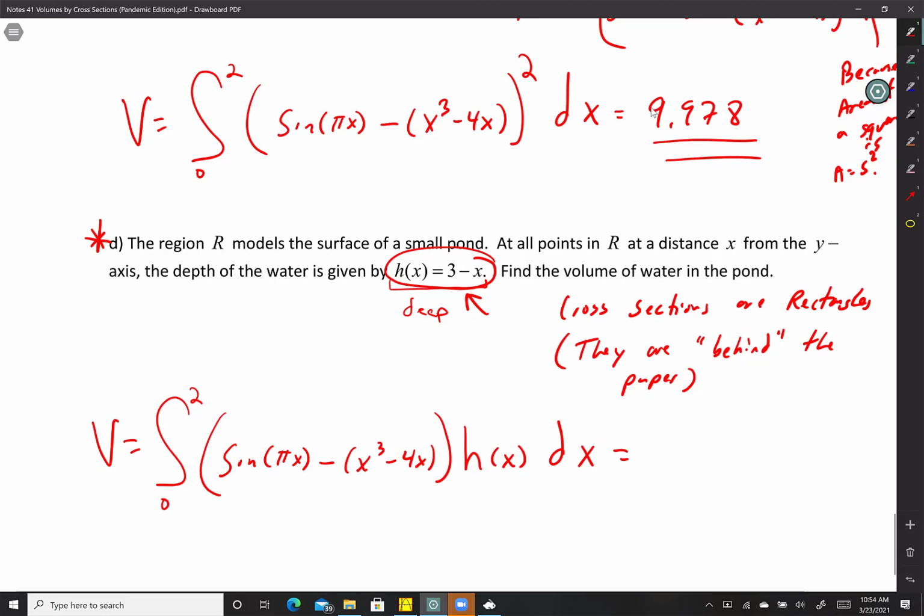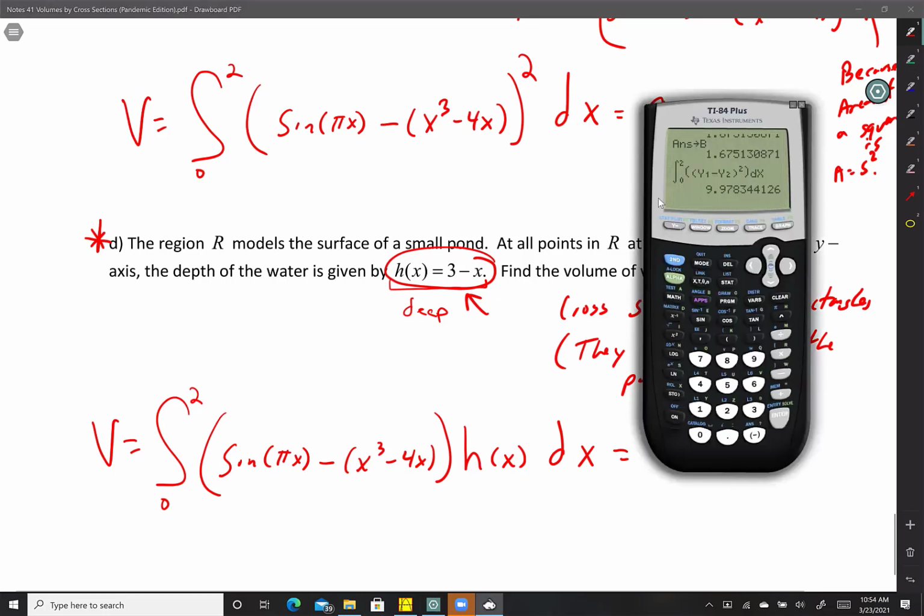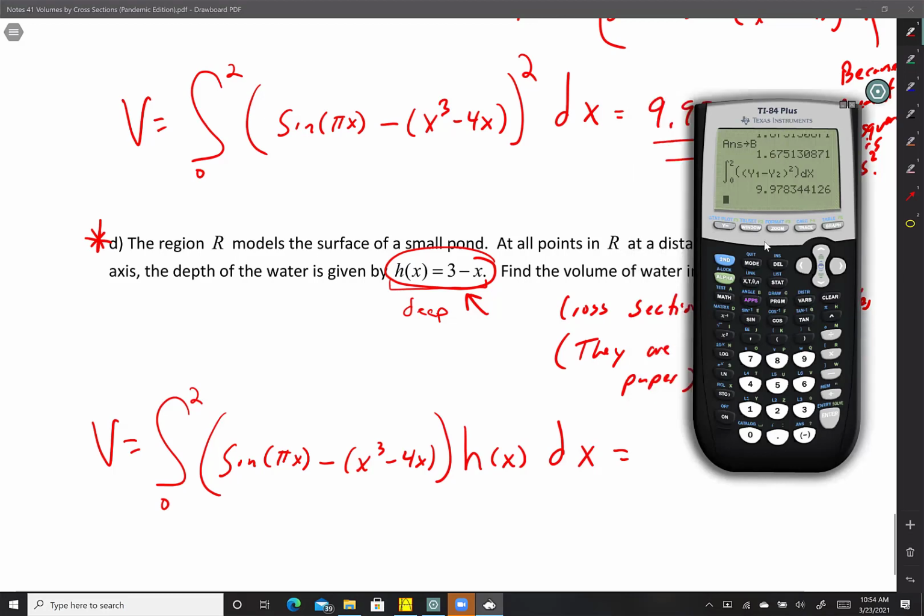Let me get my calculator again. So here's my calculator, guys. Math 9, 0 to 2. I'm going to open up another parenthesis. I'm going to go y1, so alpha trace y1 minus alpha trace y2.